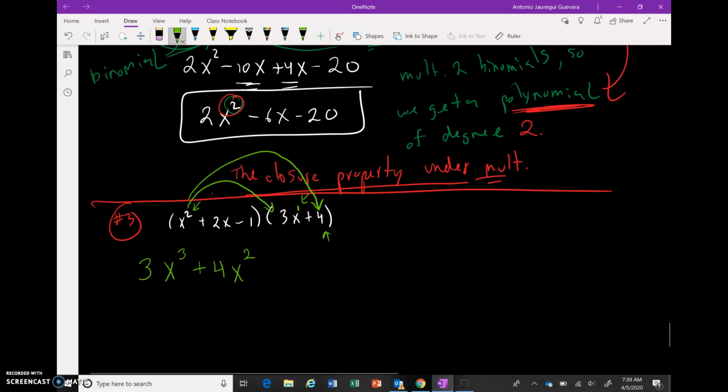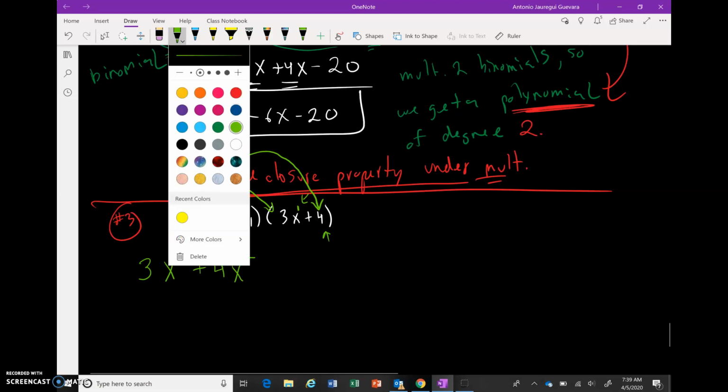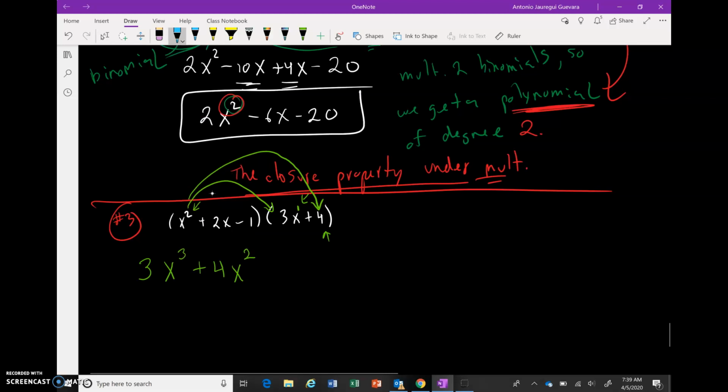Now I'm going to do the next one with blue. So you took care of this first term. Now you have to make sure you go to this one. I'm going to do 2x times 3x. Well, 3 times 2 gives me 6, and x times x, both have a little exponent of 1, gives you x to the power of 2.